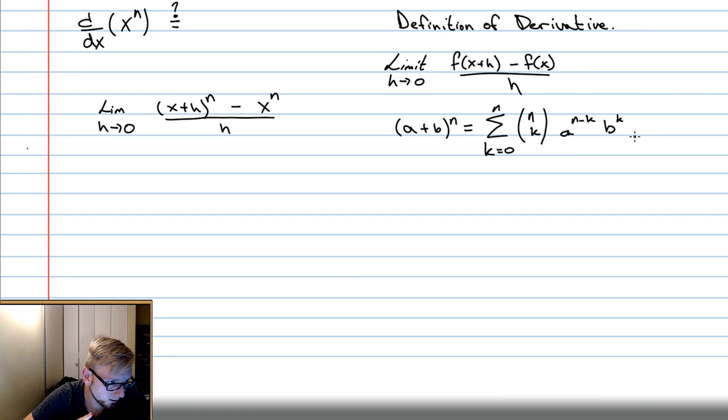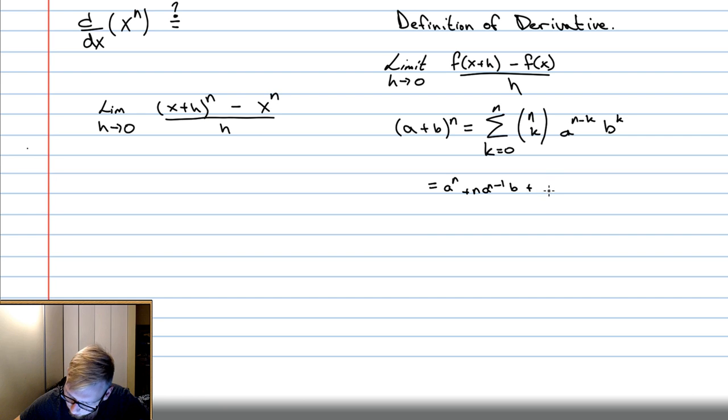So what does this look like in just a bunch of terms? Got a to the n plus n a to the n minus 1 b plus, there's a bunch of ways to represent the multiplication, the sum.